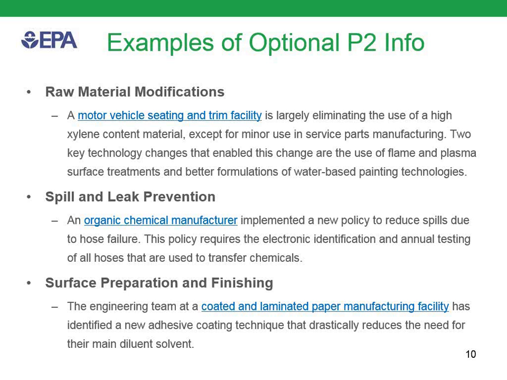So for the first one, raw material modification doesn't tell you too much, but knowing that a facility in your industry has largely eliminated the use of high xylene content material by making two key technology changes, talking about those technology changes, that's a lot more informative in terms of what types of P2 practices might be available.